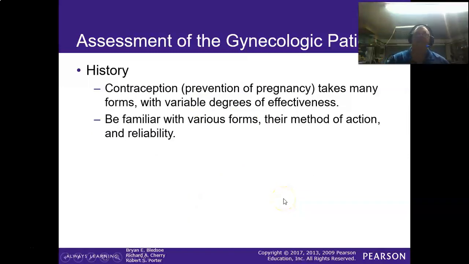Again, ask if they've been using any contraceptive, what forms, and the varying degrees of effectiveness. Yes, there are certain ones that work better than others. The only 100% sure fire is abstinence. Other than that, they all still run a risk of the female getting pregnant. And be familiar with the various forms. Okay. The condoms, again, they have vaginal condoms.